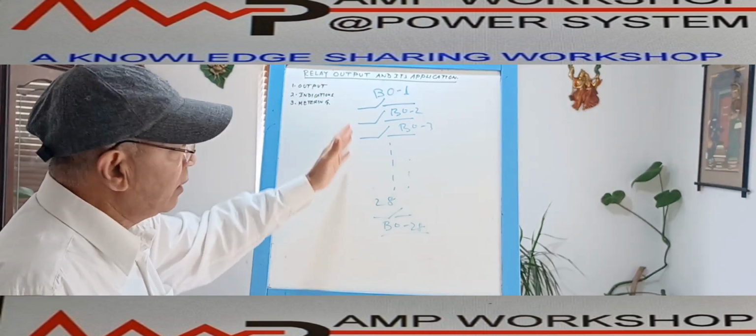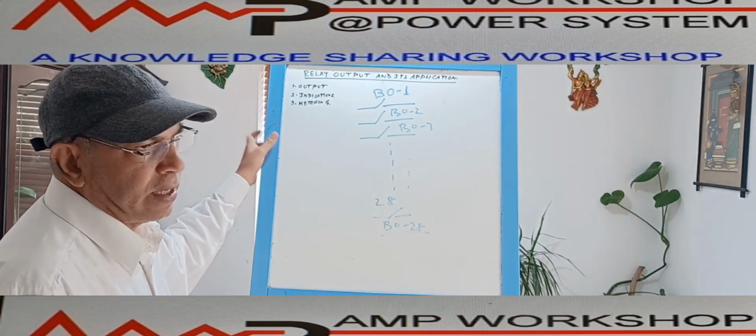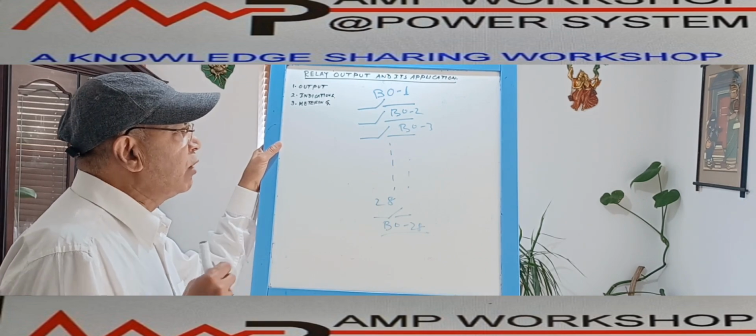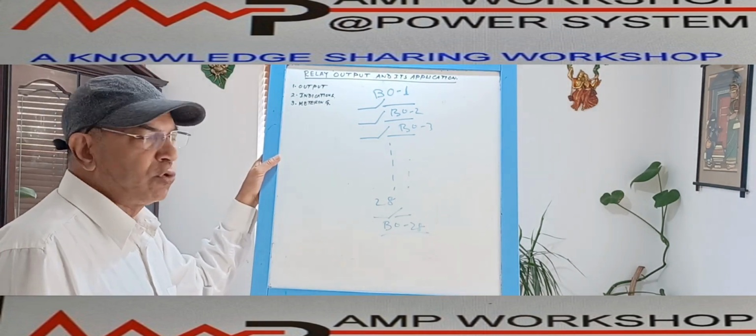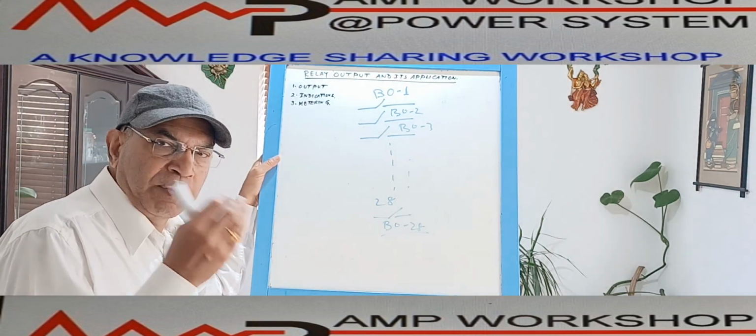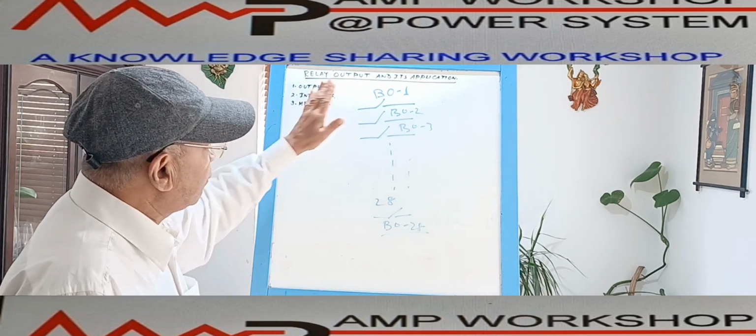For this particular intelligent protection relay, we are considering 28 binary outputs. Now suppose we want to assign binary output 1 and binary output 2 to the tripping circuit or the protection lockout relay circuit. How is that done? We configure binary output 1 to be activated. Its open condition is the 0 state.